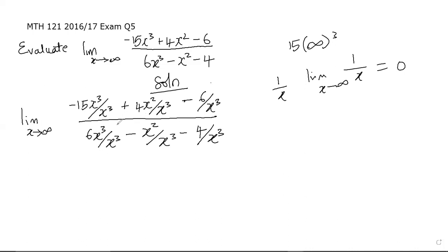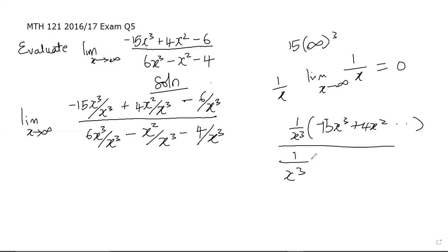If we do this kind of division, nothing has changed. This expression is still the same here. Nothing has changed because what we actually did was multiply by 1 over x raised to power 3 in the numerator and the same 1 over x raised to power 3 in the denominator.